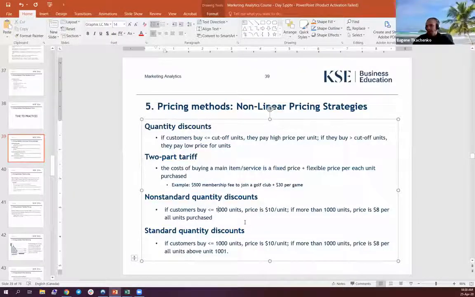But overall, the standard quantity discounts, which we will probably be dealing with the most, work like this: when the customer purchases less than or equal to 1,000 units, the price will be $10 per unit. If 1,001 units and above, the price will be $10 per unit for the first 1,000 units, and $8 for all the units above 1,001.